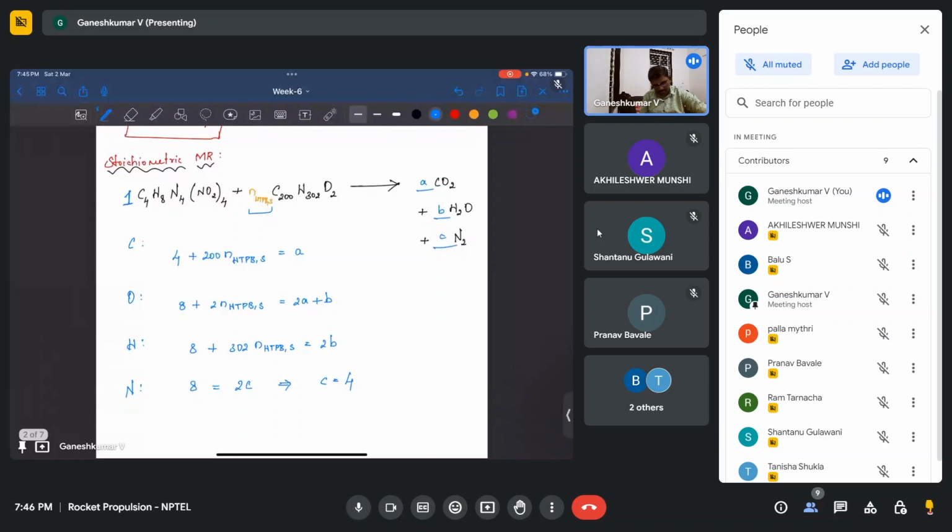So it's not really coming out to find the stoichiometric mixture ratio. You guys understood what I'm trying to say? Looks like no. So let's say I have some additional X of O2.